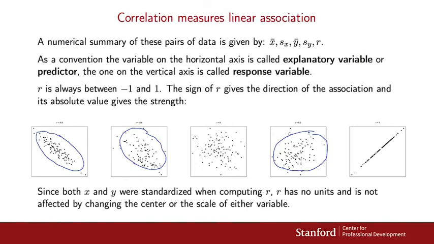Keep in mind that the correlation coefficient r comes without units, and that's because both x and y were standardized when we computed r. It also turns out that r is not affected by changing the center or the scale of either variable. For example, if you compute the correlation coefficient between height and weight, then it doesn't matter whether you measure weight in pounds or in kilograms.